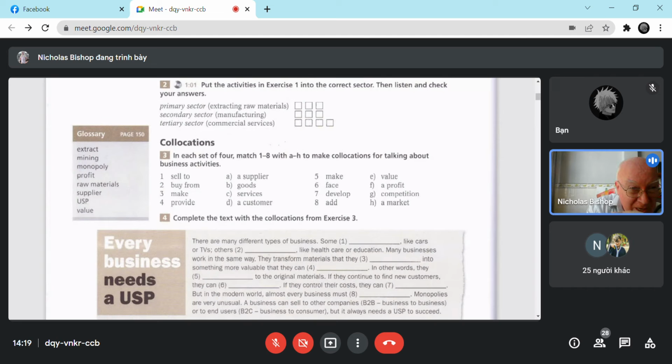Extract, mining, monopoly, profit, raw materials, supplier, USP, value. Do you know those words? On the left in the glossary. Any questions?